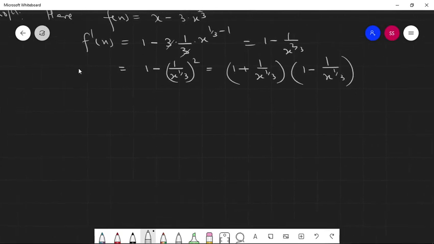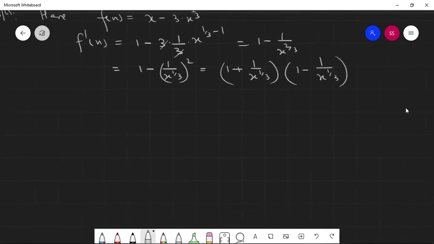Now its power 2 by 3 is expressed in this way. And for the stationary points, f dash x equal to 0.